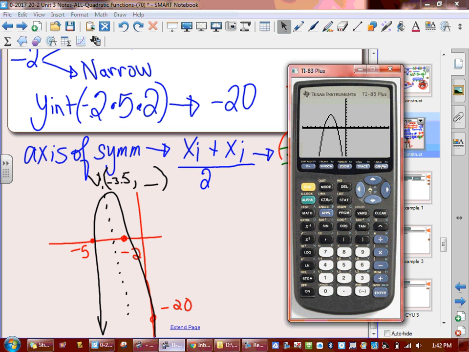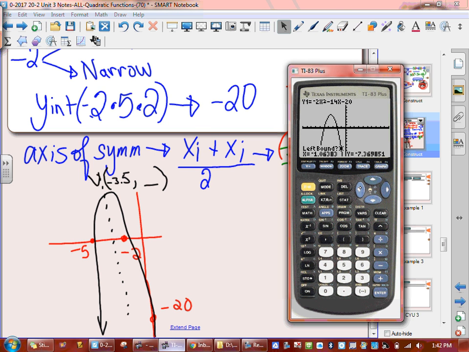So how do we find our max and min? What do I push on my calculator? Good. Second trace, min or max? Which am I finding? Maximum. It's as tall as it goes. So second trace, number 4, maximum. Now, you have to be to the left. Always watch your X and your Y down here. That tells you where your cursor is if you can't see it.